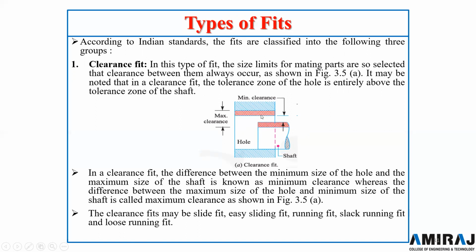Remember this: for maximum clearance we take hole size as maximum, and for minimum clearance we take hole size as minimum, while for shaft it is completely opposite. For maximum clearance it is taken as the minimum shaft size, and for minimum clearance it is taken as the maximum size of shaft. Then we can get these two clearances.